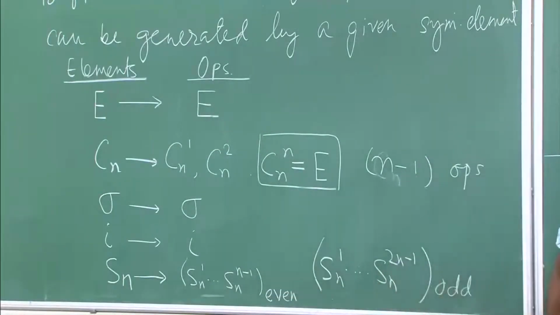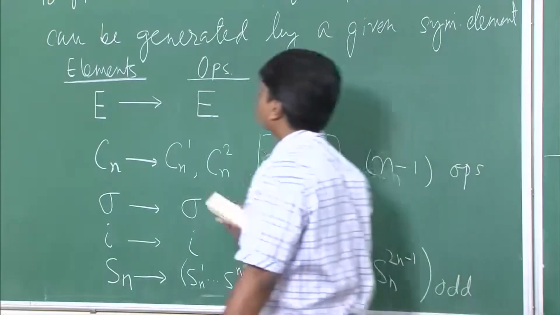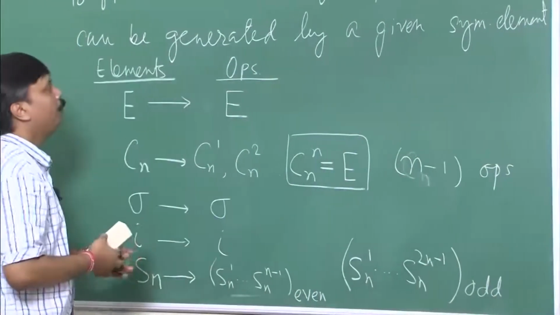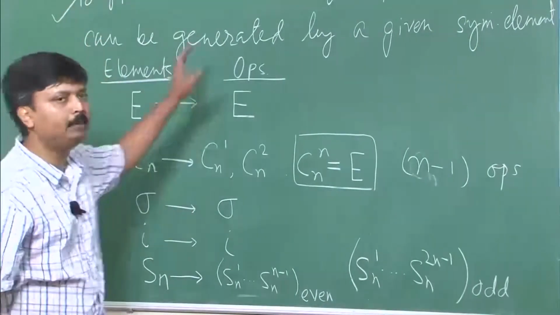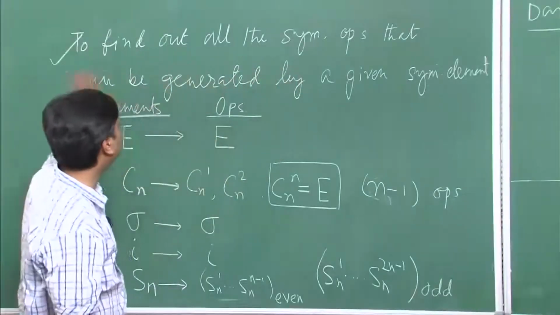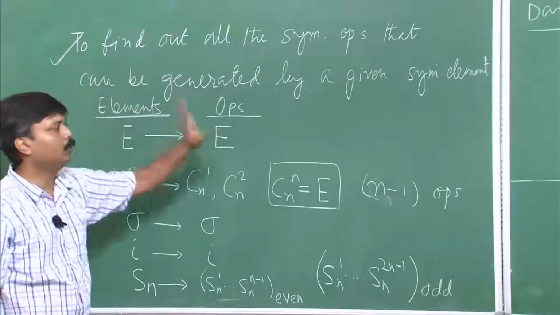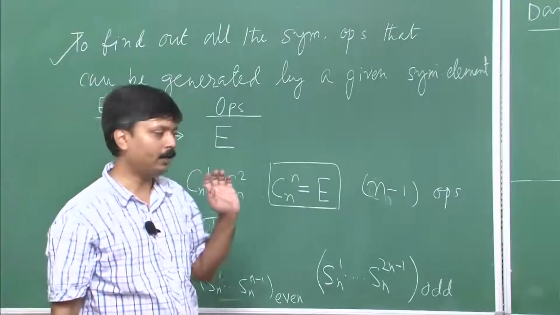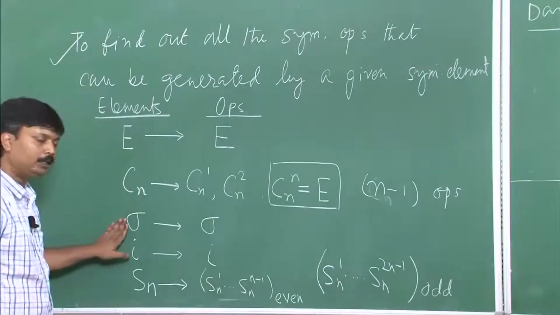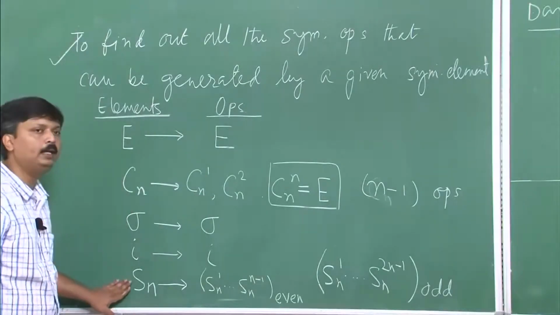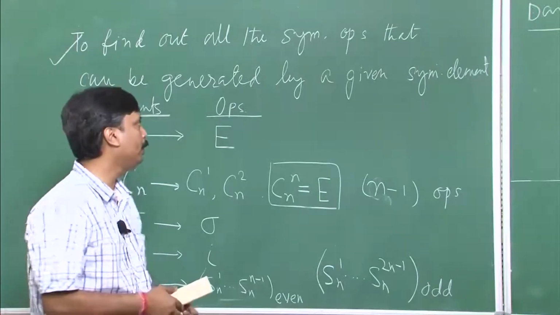So fine, we will need these things very soon. So we found out how to generate the symmetry operations from a given symmetry element, for identity, proper axis of symmetry, reflection symmetry, inversion symmetry and improper axis of symmetry. All right.